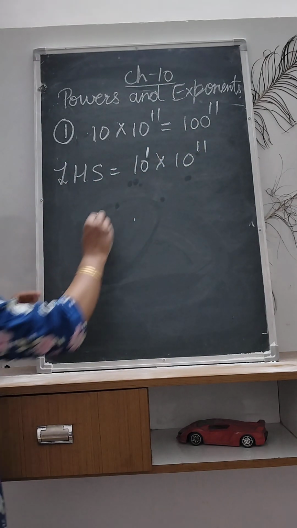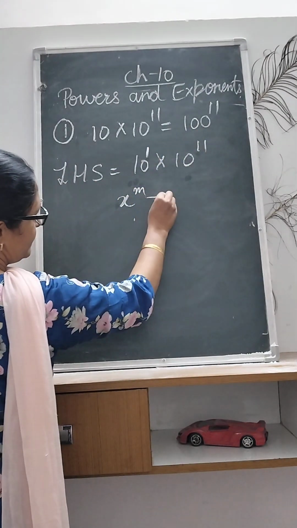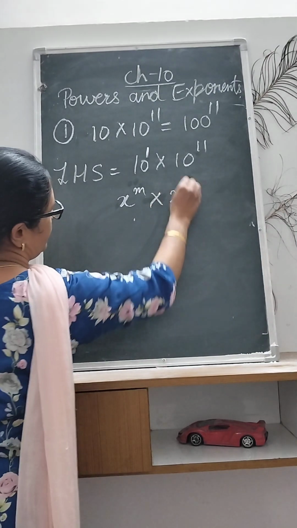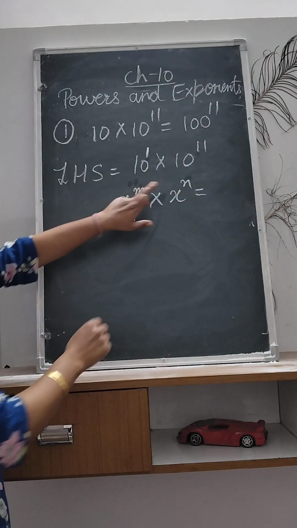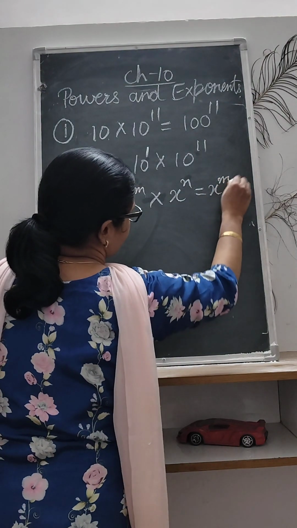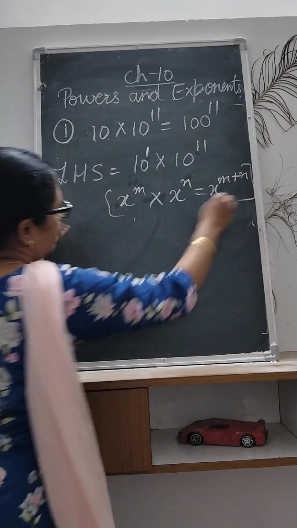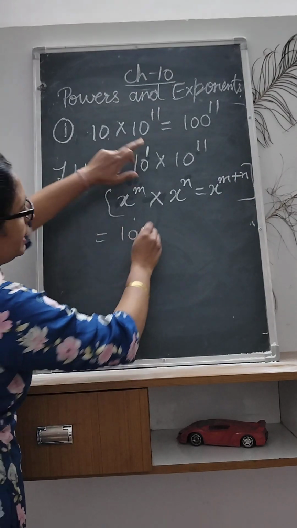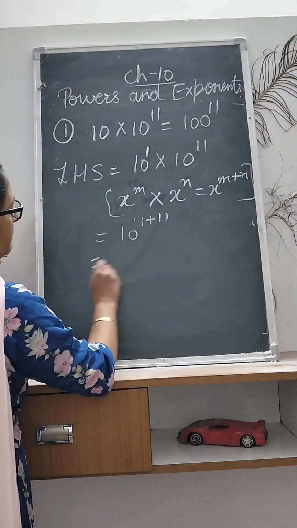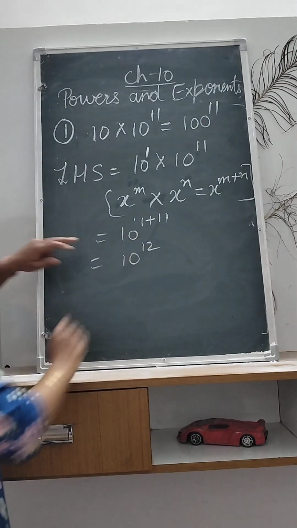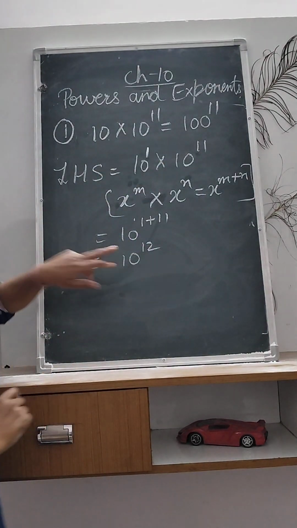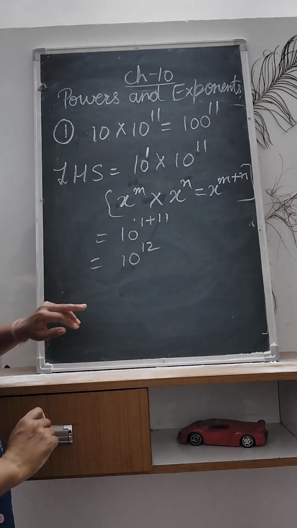So if bases are the same and the multiplication operator is there, what we do, powers are added. So we will apply this law here. So 10 raised to power 1 plus 11 becomes 10 raised to power 12.